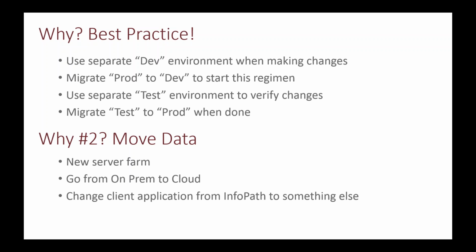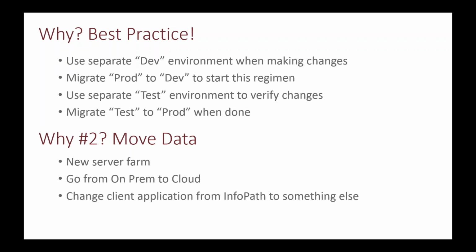Instead of just making the change to your production environment, you really ought to create a separate development environment. Separate server, separate site, whatever it is, maybe it's just a separate library, and publish your form out to there first, make your changes, verify that the changes are good, and then move them back to production. So that's the main reason why we're talking about this today.